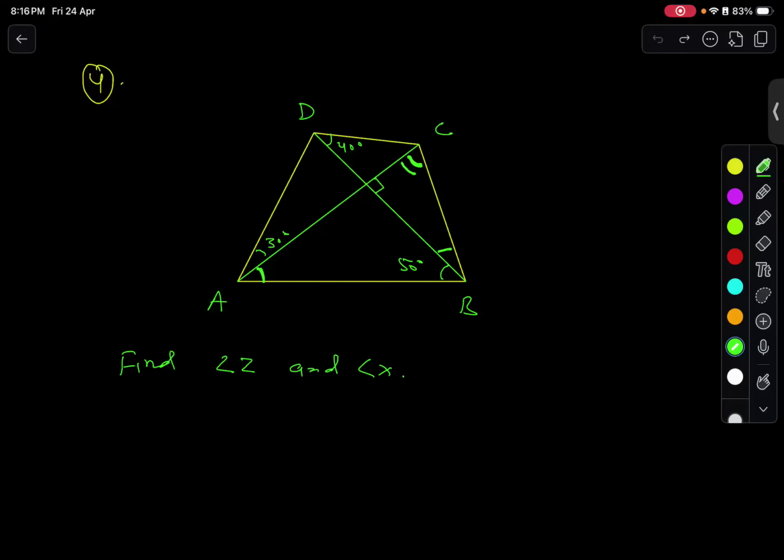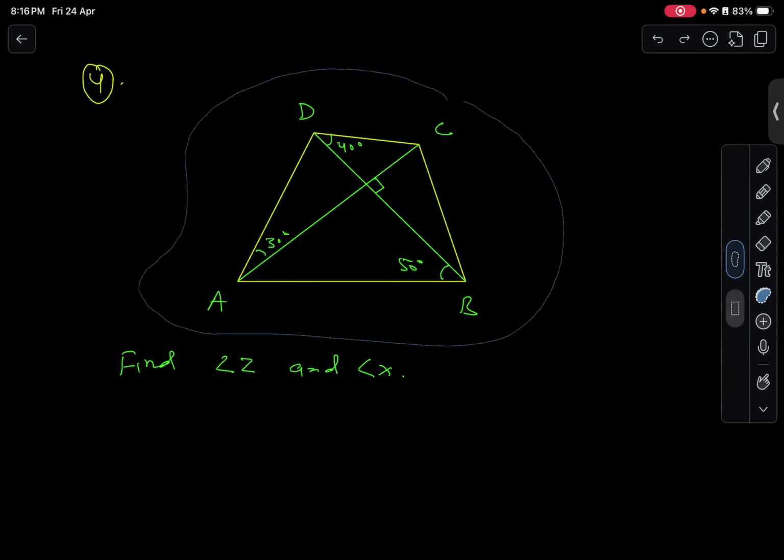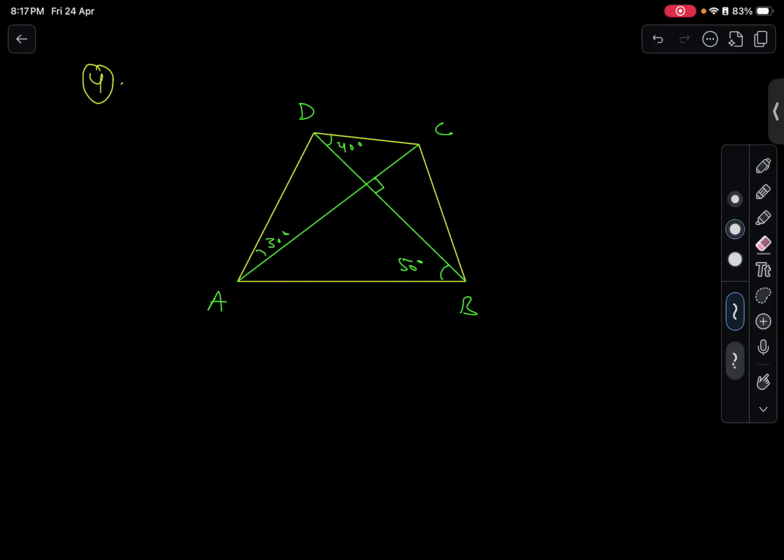Think. Directly it's not given, but the question is almost similar. Find all the angles. Yes, this information is also there. This is 90 degree, that's shown there.